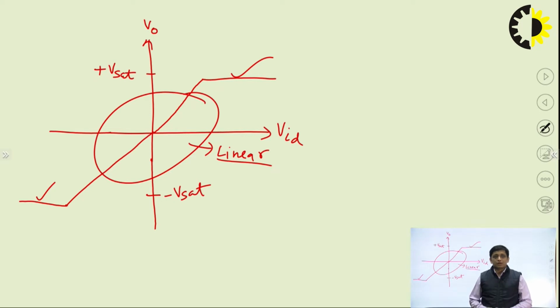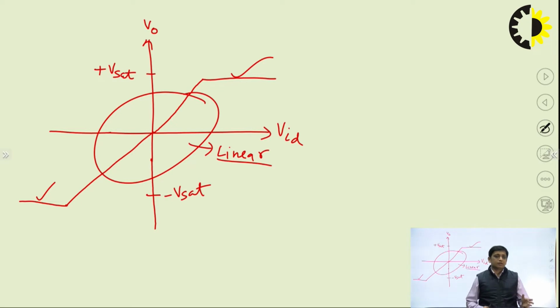Fine. Now we need to understand where this open loop configuration of op-amp is used, because closed loop configuration has many applications in inverting configuration as well as in non-inverting configuration. In negative feedback, in positive feedback, in both, there are various applications.